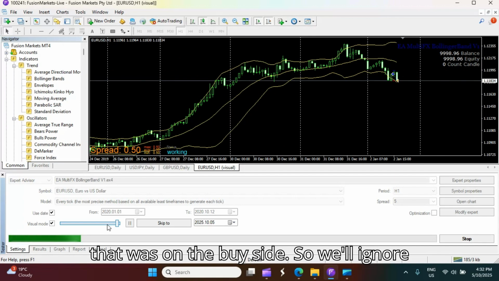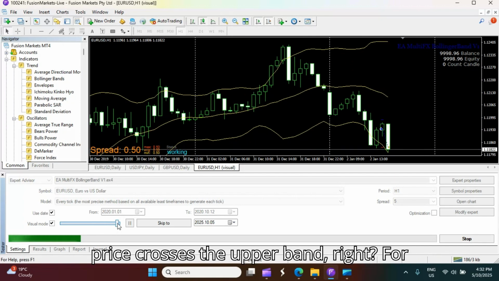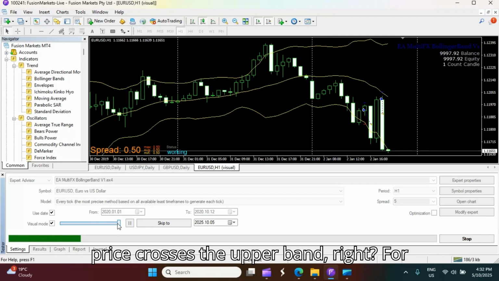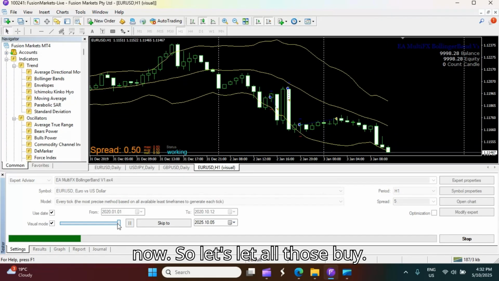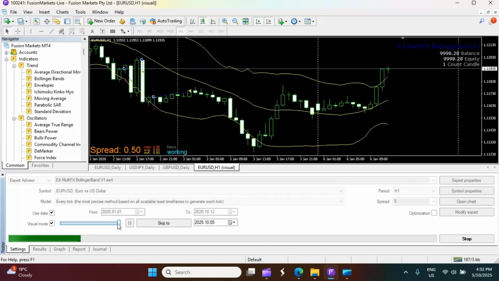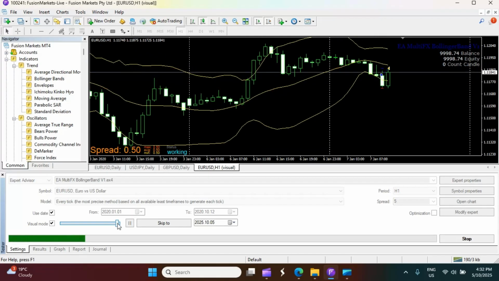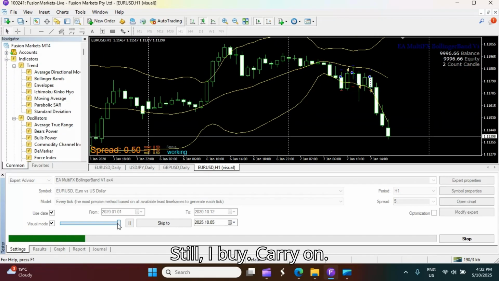That was on the buy side, so we'll ignore that. Let's just look at when the price crosses the upper band for now. So let all those buys continue. Still a buy, carry on.